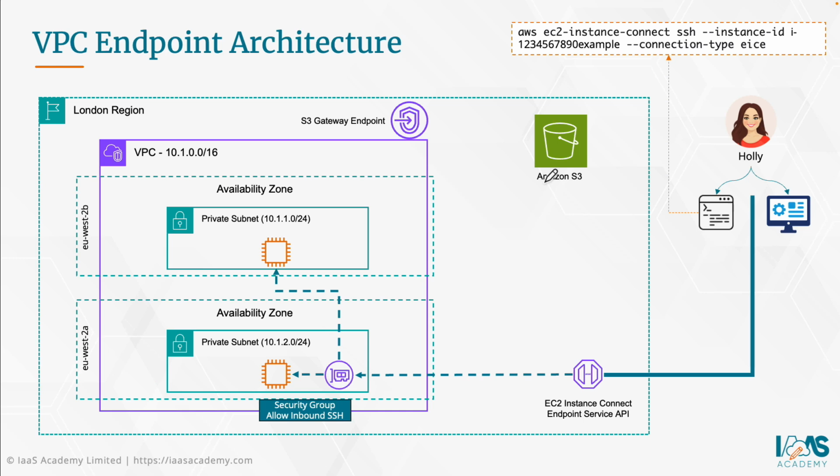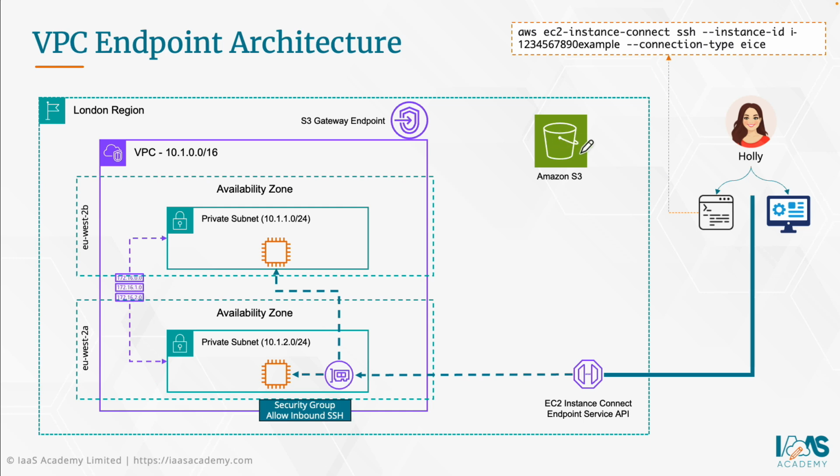Now, gateway endpoints do not make use of ENI cards or security groups, but instead, once you have established and configured this gateway endpoint, the S3 gateway endpoint for your VPC, you must configure the route tables so that they point to the gateway endpoint for any traffic that's going to go to the Amazon S3 service.